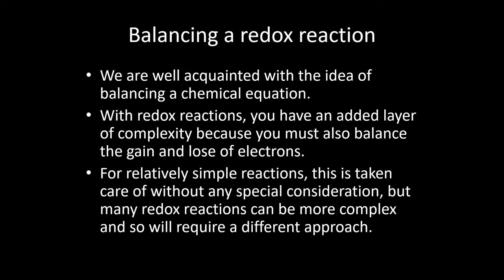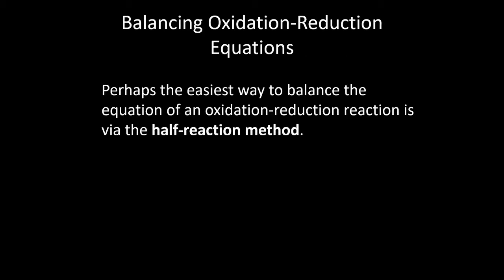But for the types of redox reactions we're going to be looking at in this chapter, the type of redox reactions where you would use to make a voltaic cell, for example, we are going to have to take a more complex approach to balancing these things. Because while it might be one thing to balance the number of atoms, balancing the charge is a completely different thing. So we are going to have a process that we use to balance redox reactions.